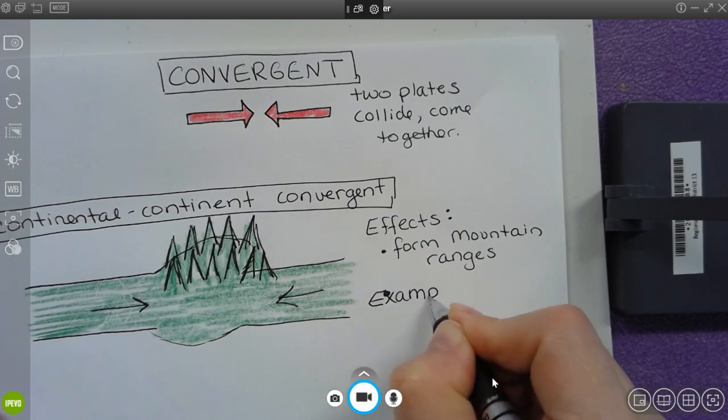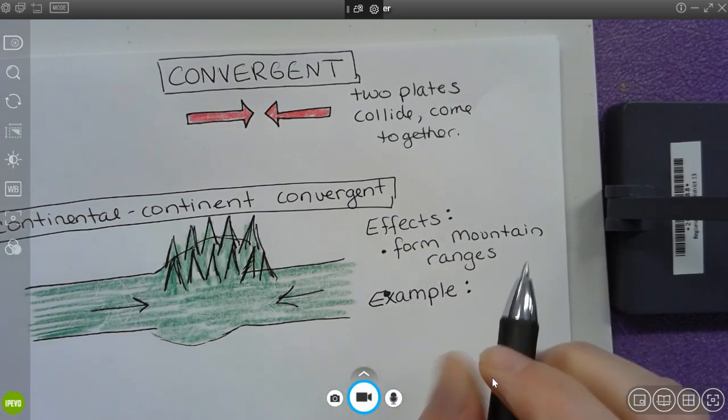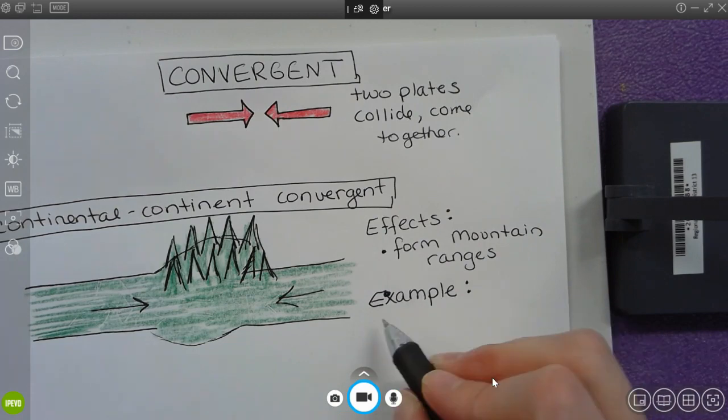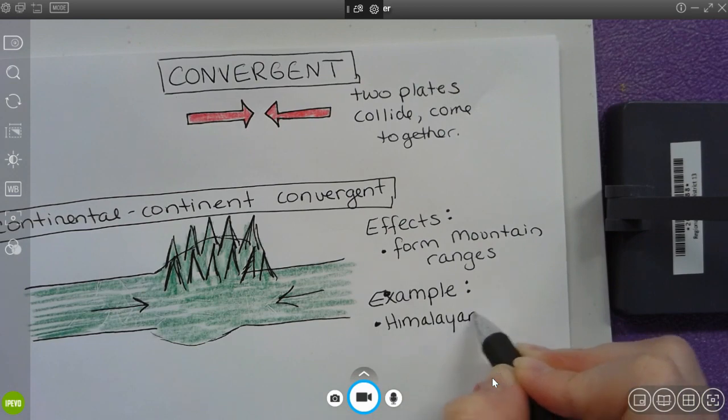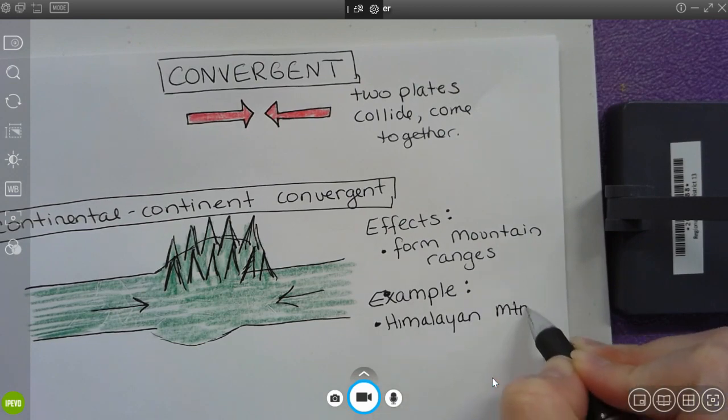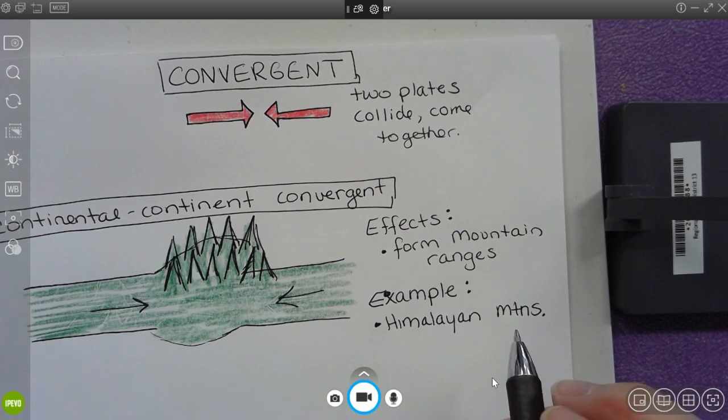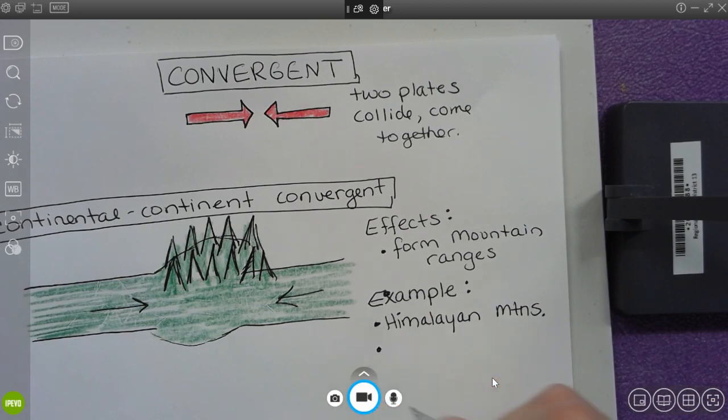And the example or examples that we're going to use, the first one I'll use is the Himalayan mountains. The Himalayas is where we've got the highest mountains in the world. They are very, very high, and they are jagged.